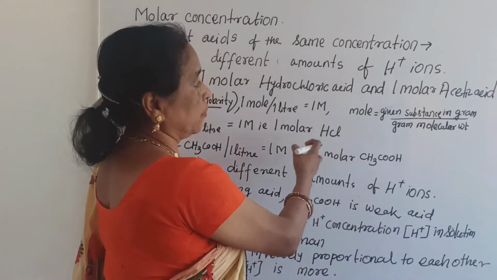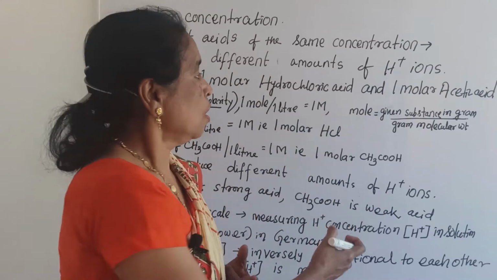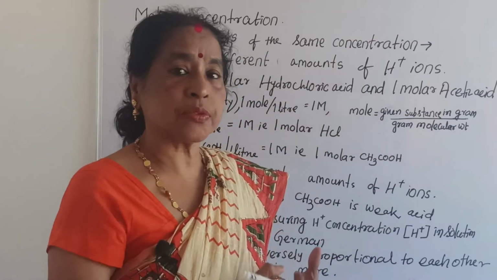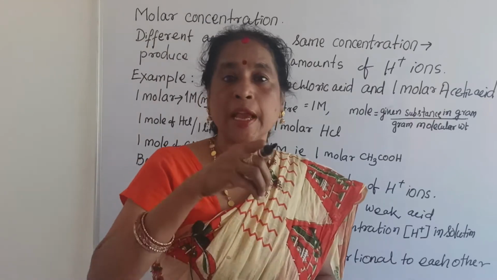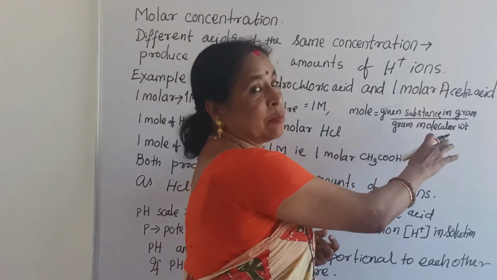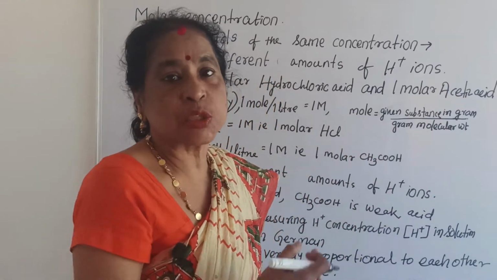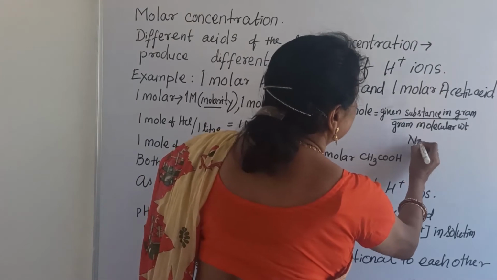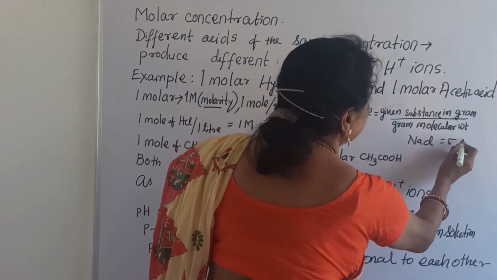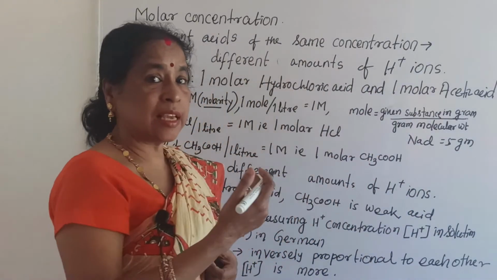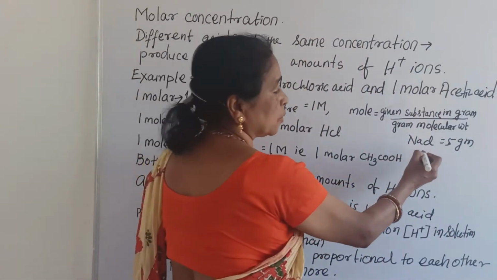Then what is meant by mole? Mole means the given substance in gram, the amount of substance given to you, divided by the gram molecular weight. Let us see sodium chloride. Suppose I have been given 5 gram of sodium chloride. Then what is given? 5 gram. And what is the molecular mass of sodium chloride?